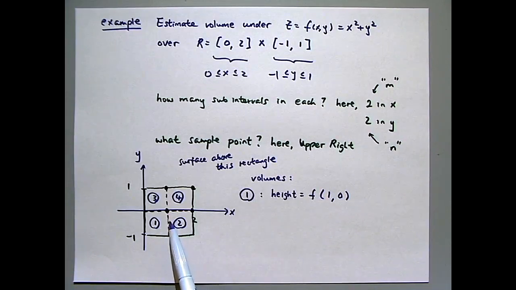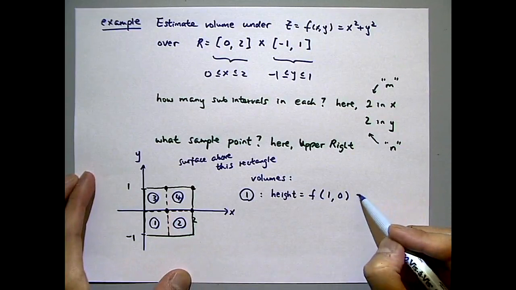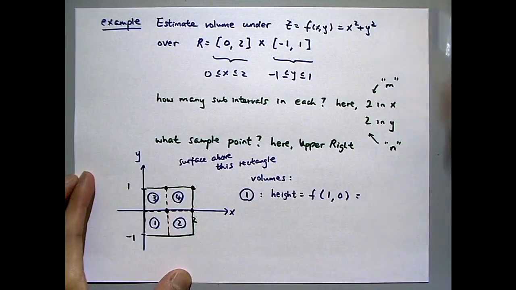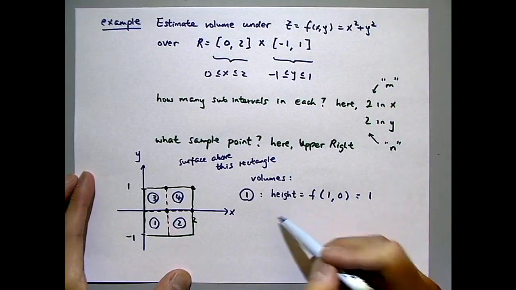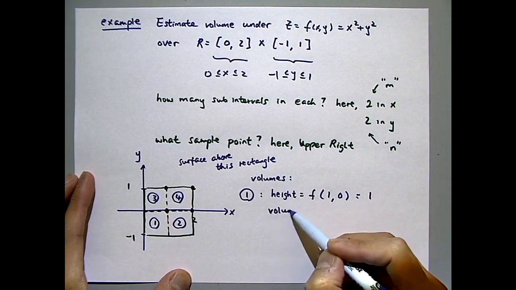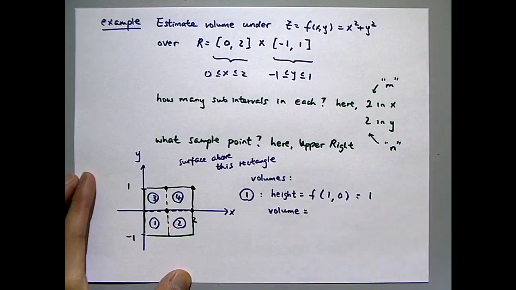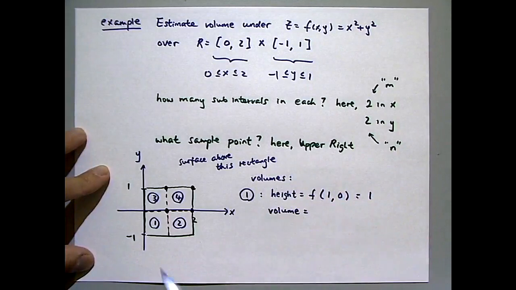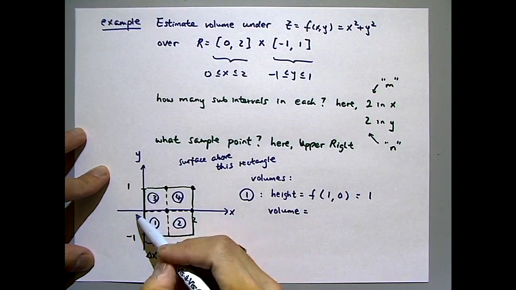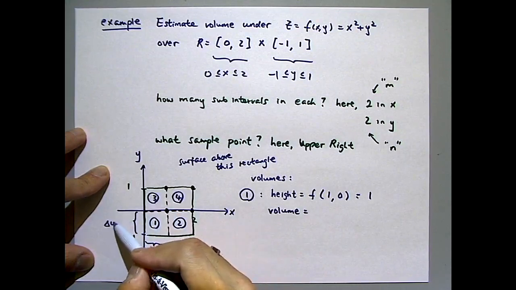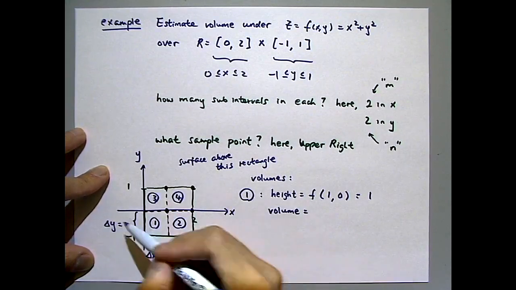It's the upper right point, which gives 1, right? So the volume is, how wide is this thing? Let's call that delta x. That's 1, yeah? And that's delta y. That's also 1.